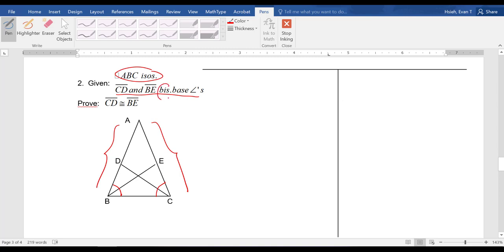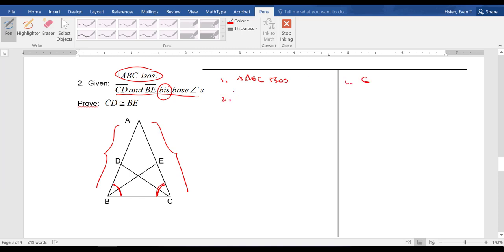We know that there's two bisect statements, and that tells me that I'm probably doing something with multiplication or division property, and I'm going to need these base angles to be congruent to each other, so it's going to be division property. So my first step here will be triangle ABC is isosceles.